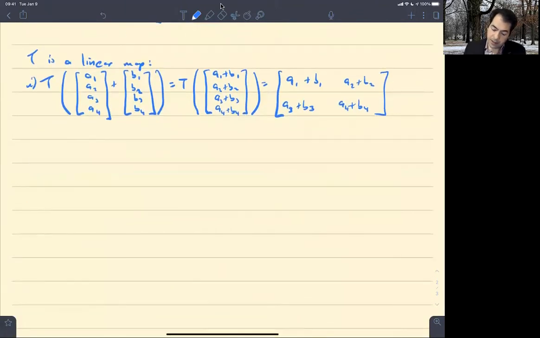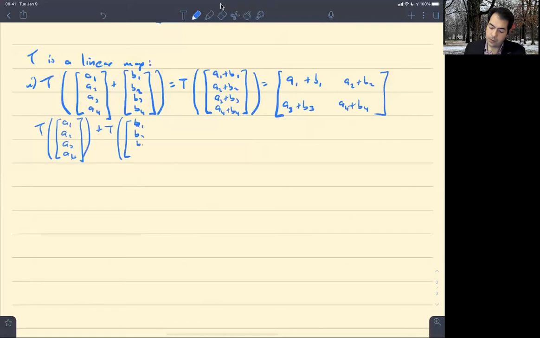On the other hand, if we had started with T of the vector A1, A2, A3, A4, and then added to it the image of the vector B1, B2, B3, B4, this would have given us first the matrix A1, A2, A3, A4, and then the matrix B1, B2, B3, B4.